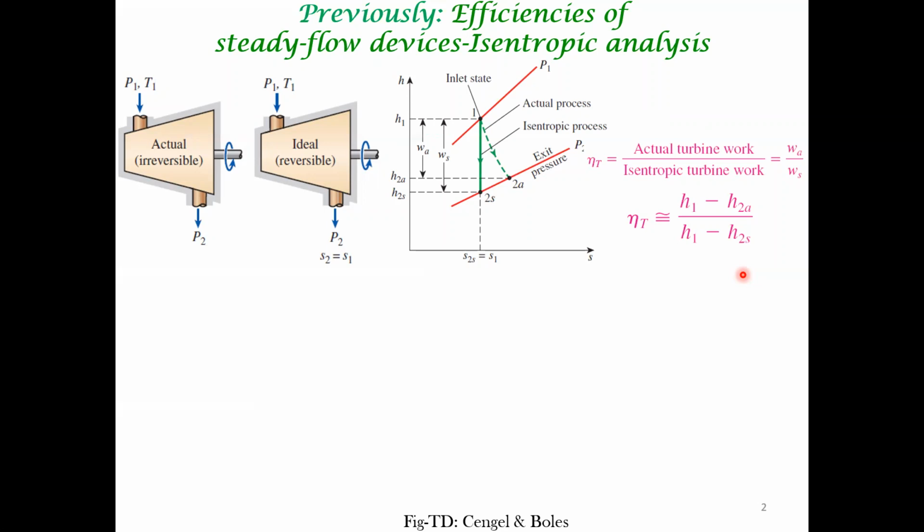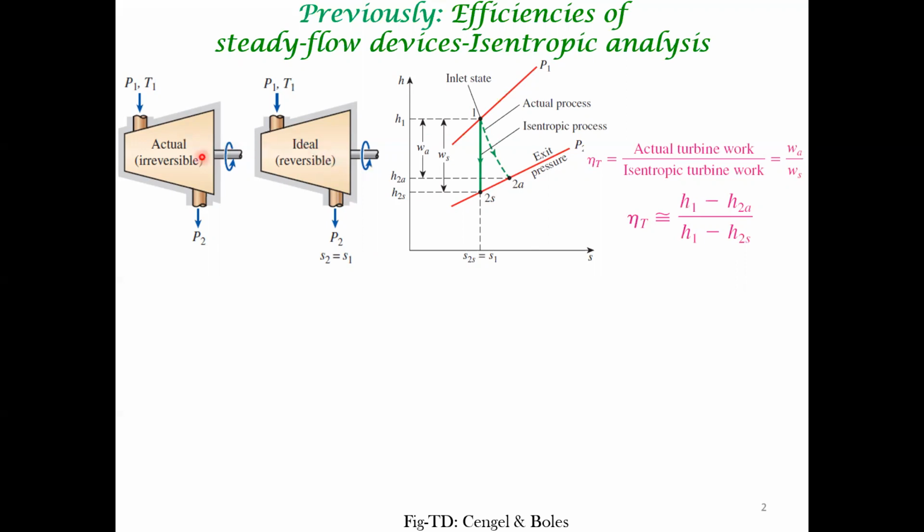Then we moved on to looking at flow devices. We wanted to get efficiency bounds for such systems. So in the previous lecture, we derived one such bound. We said the maximum efficiency is obtained in an ideal reversible device.